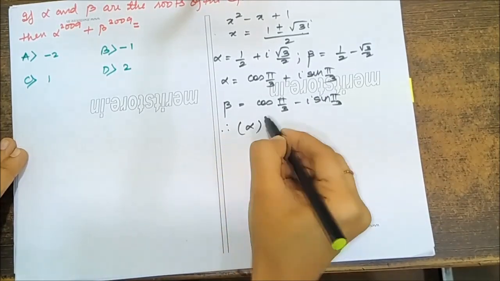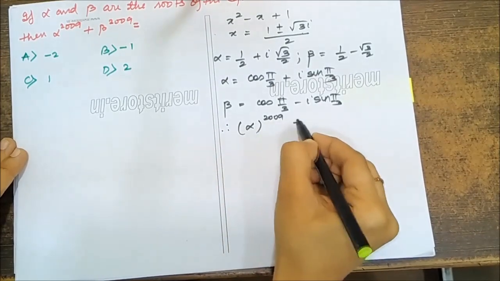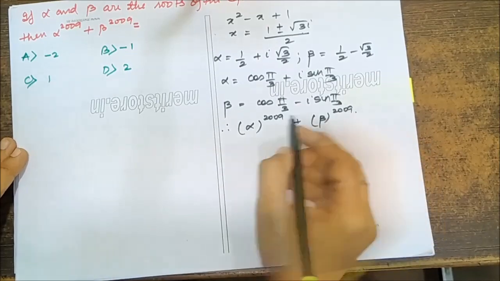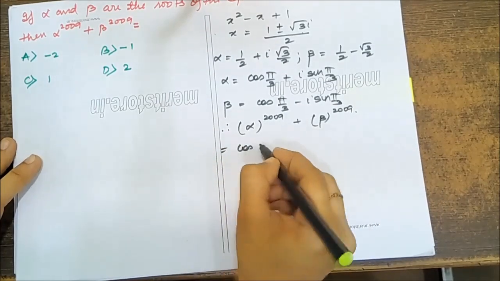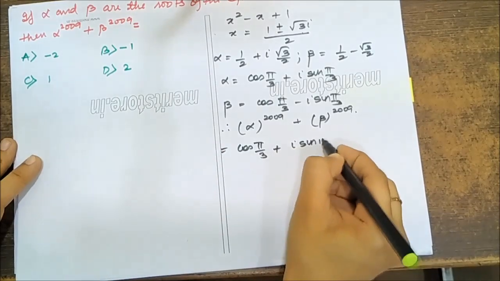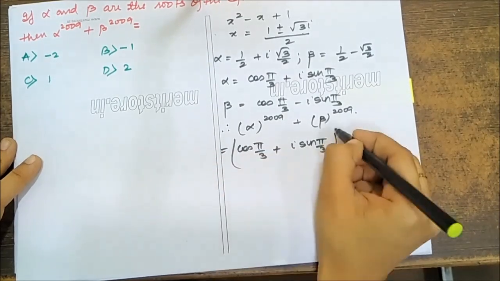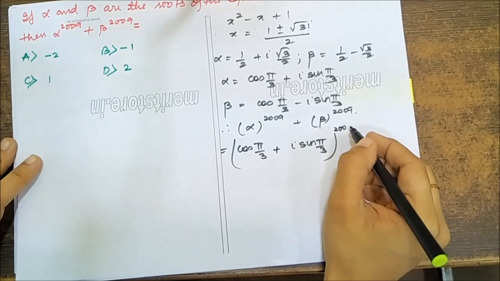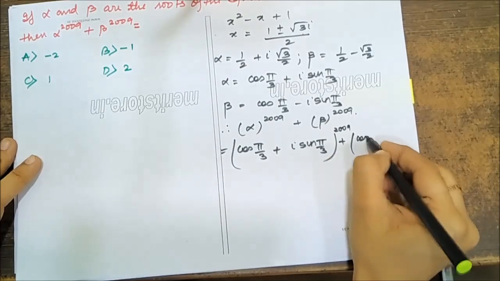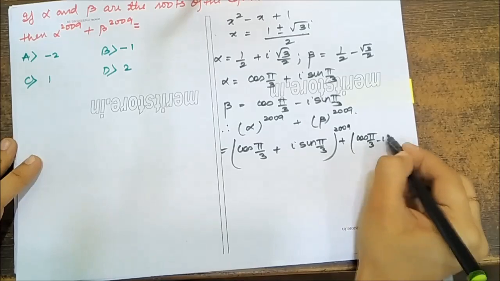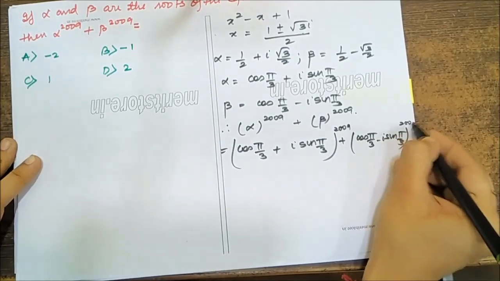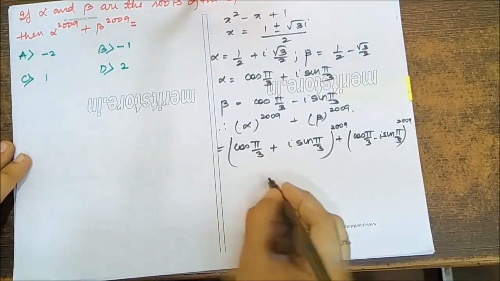Therefore, alpha raised to 2009 plus beta raised to 2009 is equal to cos pi by 3 plus i sin pi by 3 raised to 2009 plus cos pi by 3 minus i sin pi by 3 raised to 2009.